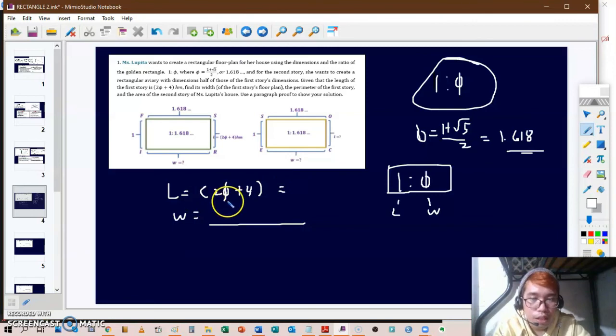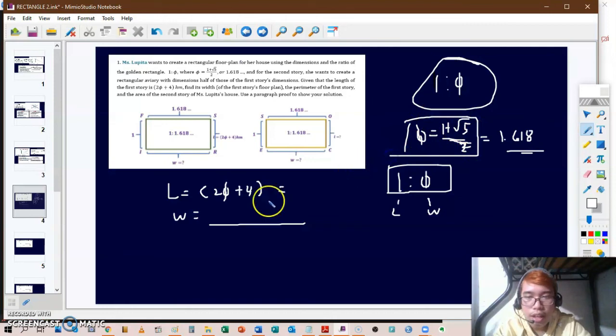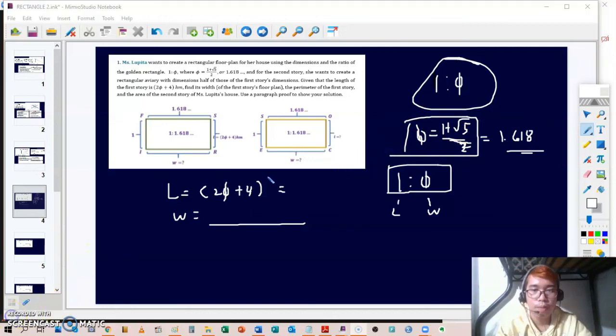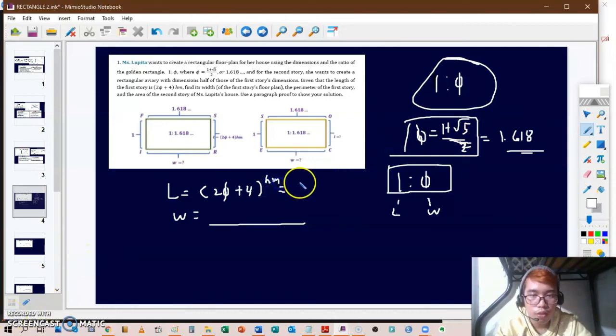So 2 phi plus 4, and our value of phi is equal to 1 plus square root of 5 all over 2. Later, we're going to show the proof on how we got this constant value for phi, and that will be equal to 5 plus square root of 5 hectometers.